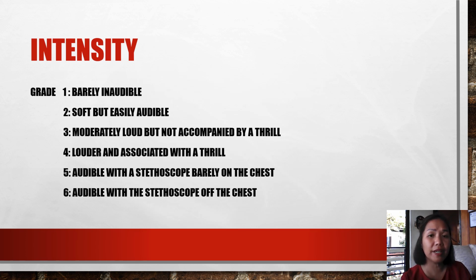And of course, the intensity of the murmur should be included. We grade them 1 to 6 depending on the softness or loudness of a murmur. Grade 1 is barely audible and grade 6 being audible with a stethoscope off the chest. Grading of murmur is automatically 4 when a thrill is palpated.